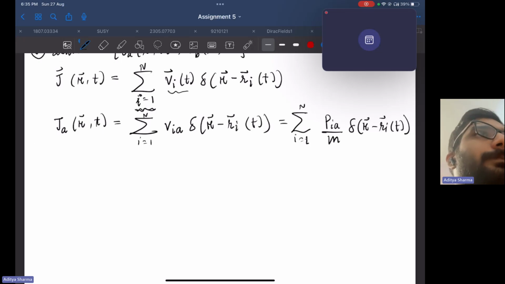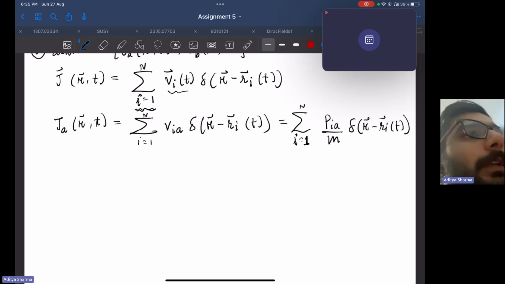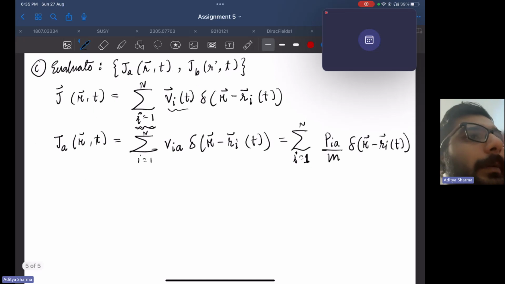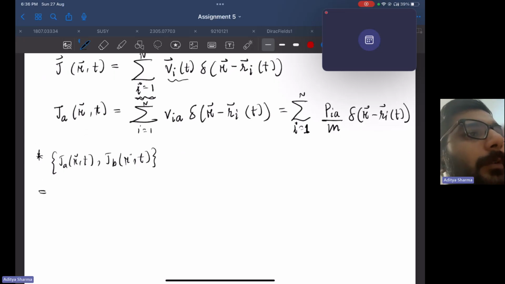Okay. Now we have this I equal to 1 to n. Now we are going to put this in the Poisson bracket, and JAR is actually going to come out something like this.